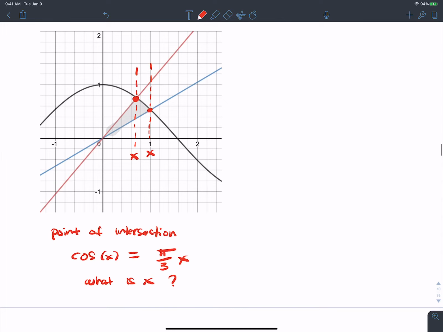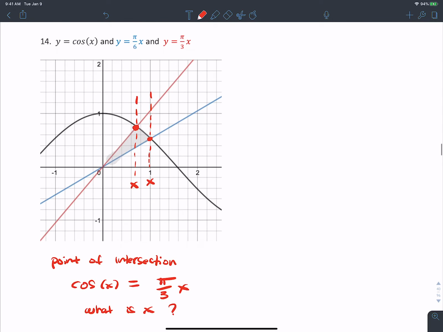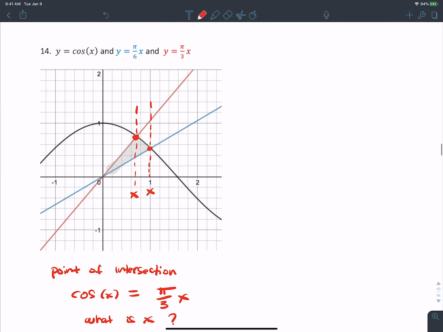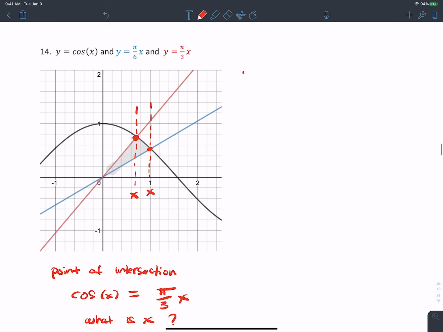This one's going to take some numerical work here to solve something like that. Okay, because you don't really have a way to solve this very easily. So this one, you're going to have to use some numerical technique. So, I took this from another book, but how you would handle that is use a numerical technique to determine that x value.